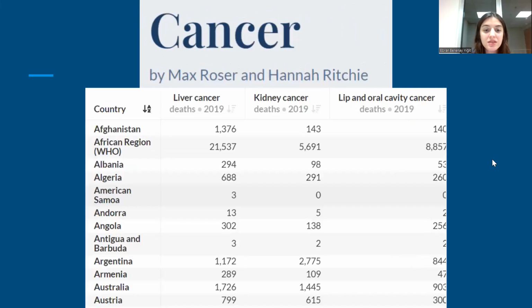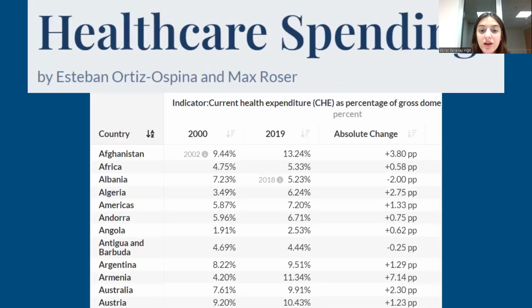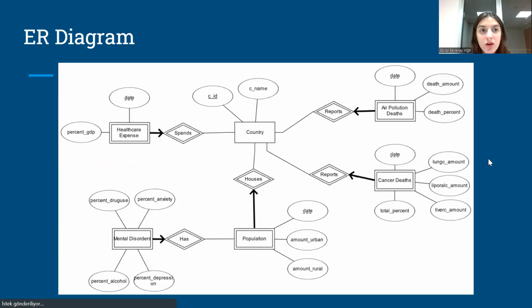The cancer dataset allows us to investigate the relationship between healthcare spending and different types of expenses and cancer outcomes. The healthcare expenses dataset tracks the percentage of GDP that countries spend on healthcare, allowing us to explore the impact of healthcare spending on various health concerns.